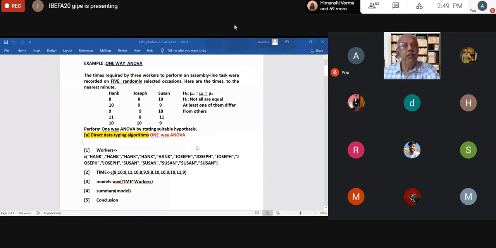The time required by 3 workers to perform an assembly task were recorded on 5 randomly selected occasions. Workers are Hank, Joseph, and Susan. Independent data.